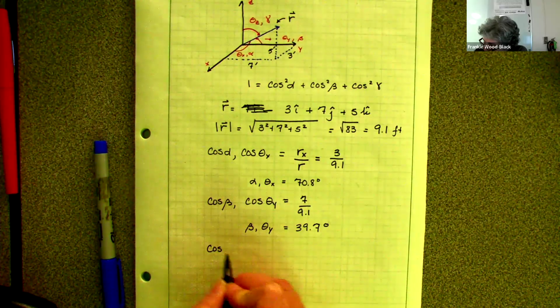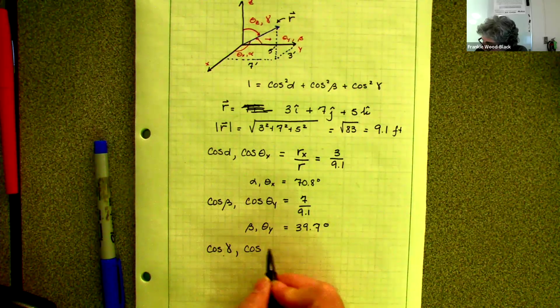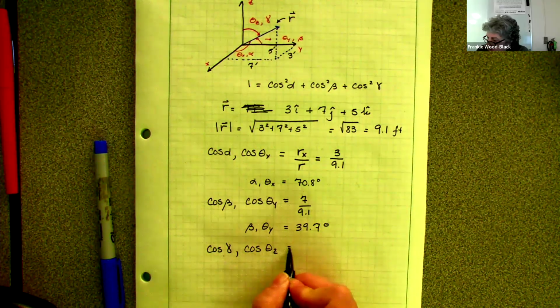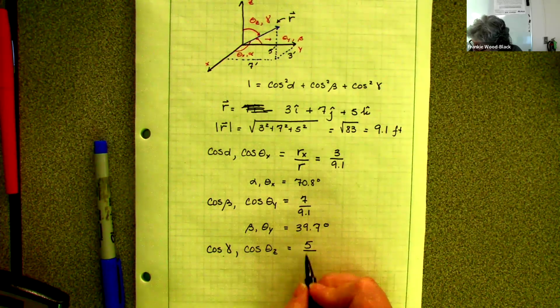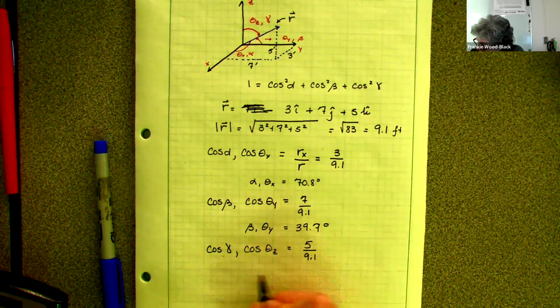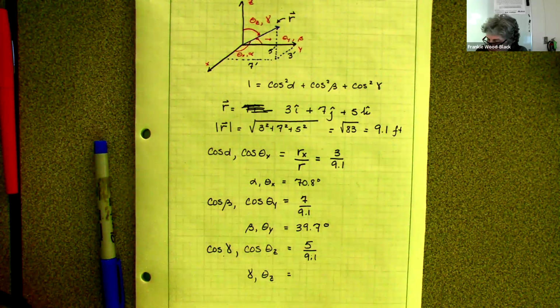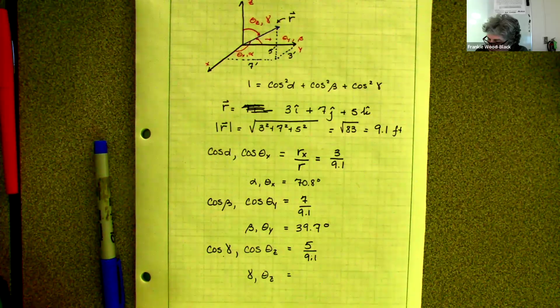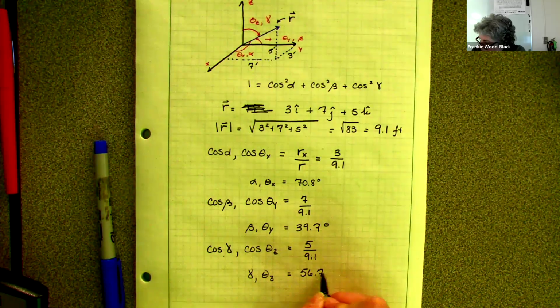And for gins and giggles, we'll go ahead and get the gamma. That one is 5 divided by 9.1, so my gamma and my theta z is 56.7 degrees.